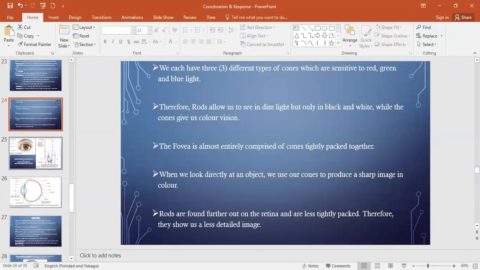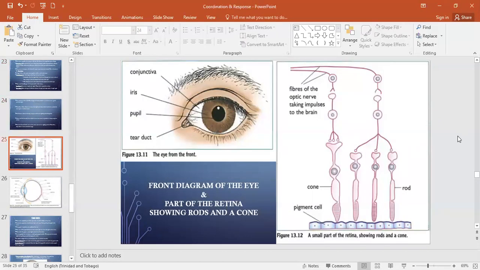Okay, so let's look at what the cone and rod receptors look like. Yes, they look like aliens, all right? They look like little creatures with 3 legs. But you could see the similarity between this and a neuron, right? Now these are receptors, okay? So when it receives the light, it is passed along the body of the cones and the rods. And look here, you see a synaptic cleft, and then you will see the axon terminals or the dendrites of the other neuron.